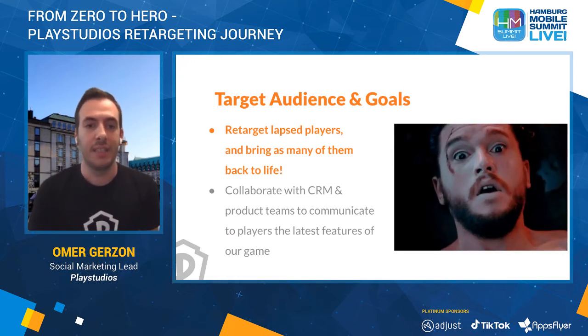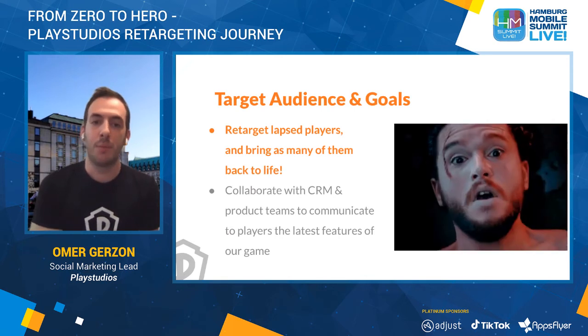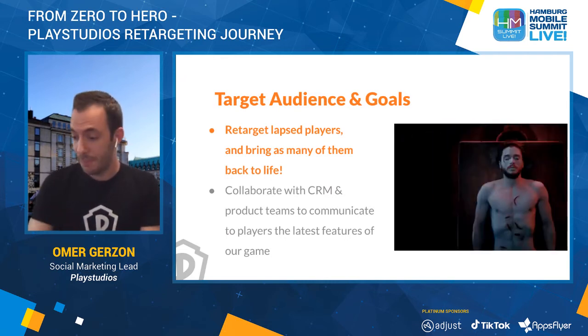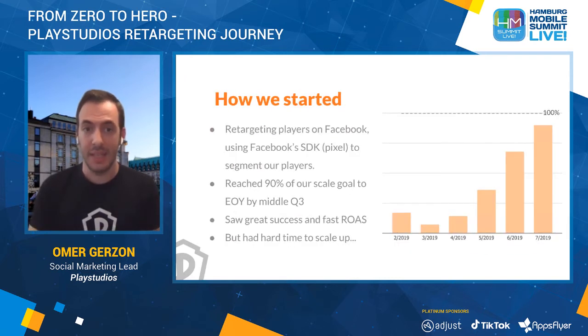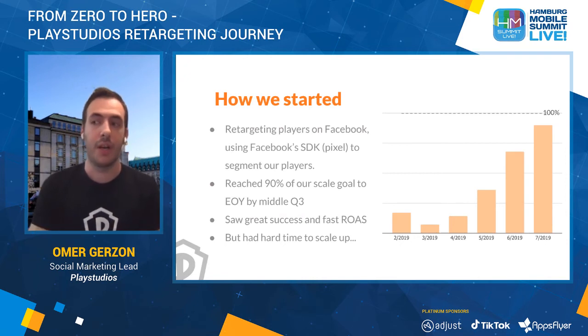And the secondary goal of this was to collaborate with our CRM and product teams to communicate with our players the latest features and the latest releases of our games. So with that, we set sail and we started retargeting on Facebook, and we used the Facebook SDK. Some of you may know it as Facebook Pixel, to segment those users and create audiences and run retargeting campaigns to them.